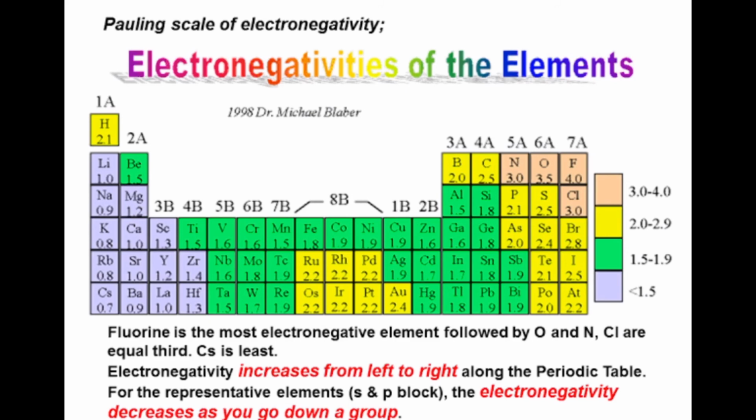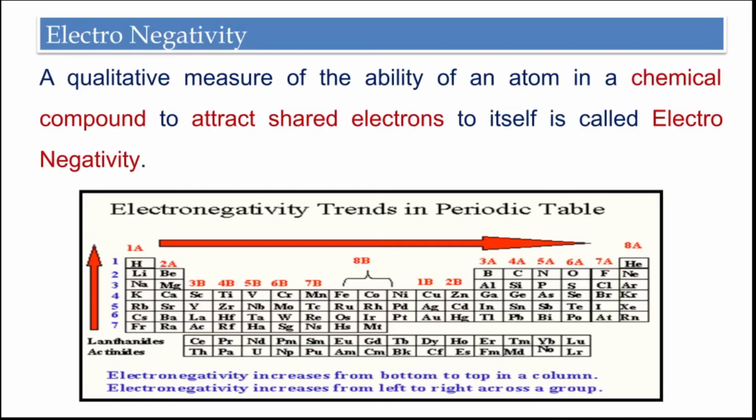Electronegativity increases from left to right, as you have already learned. For representative elements, S and P block, electronegativity decreases as you go down the group. By looking at the different colors, children, you are able to identify which element is more electronegative and which is least electronegative. Kindly learn the values of these electronegativities so that you will be able to identify which element is more electronegative and which is less electronegative.